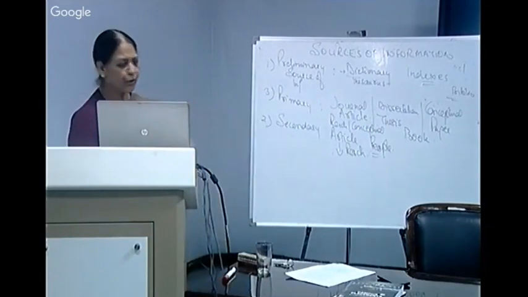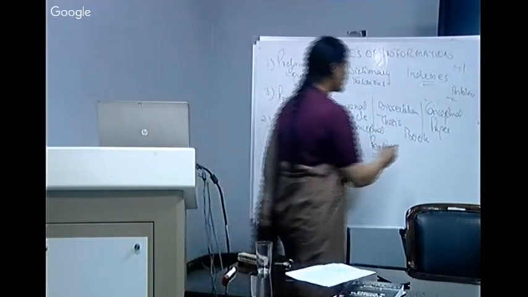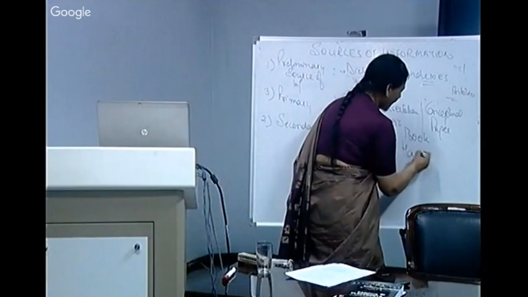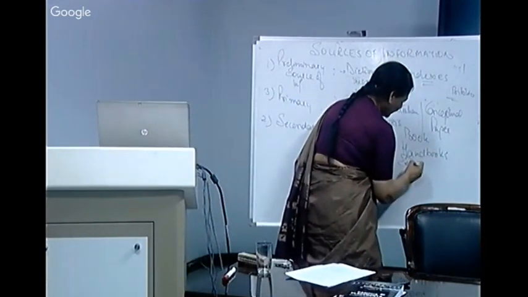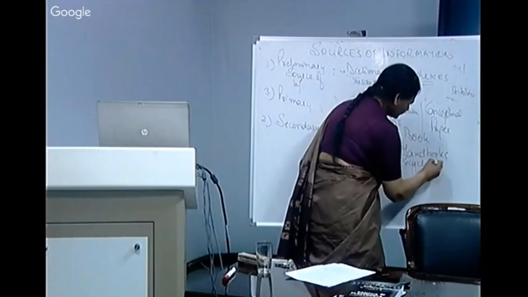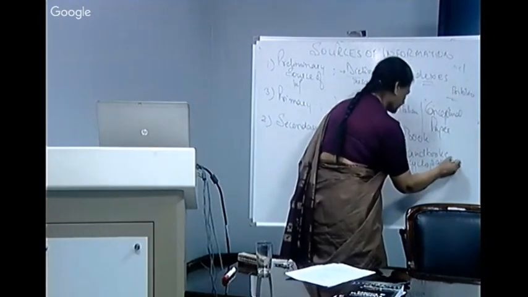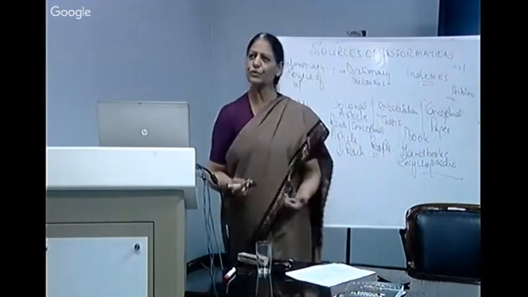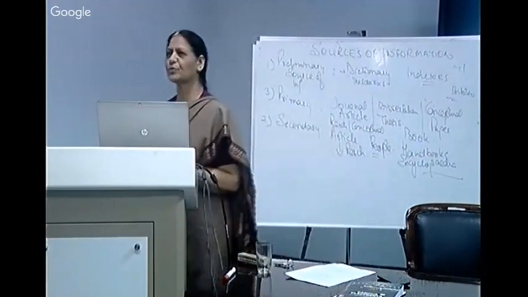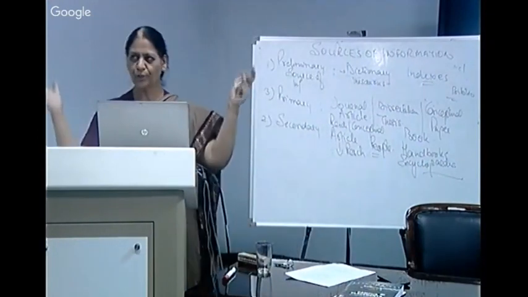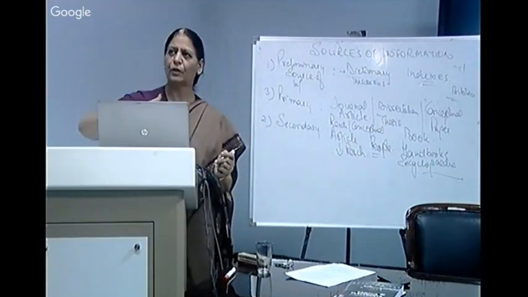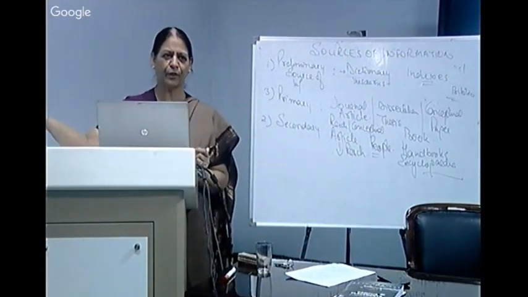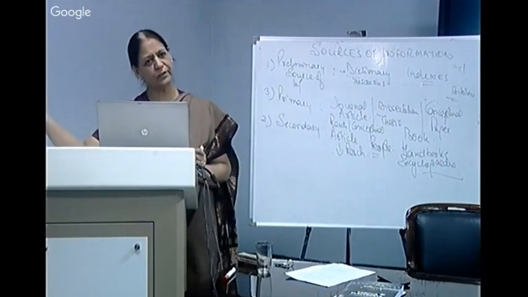So even when we are talking about secondary sources, your handbooks and encyclopedias also become secondary sources of information, because they are giving you, say in an encyclopedia, the overall development of a particular concept over the years.